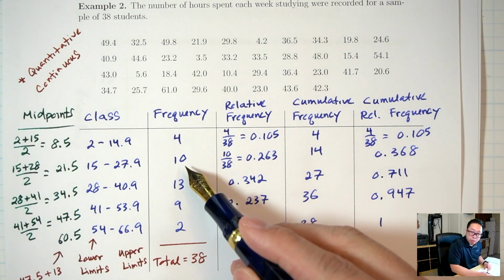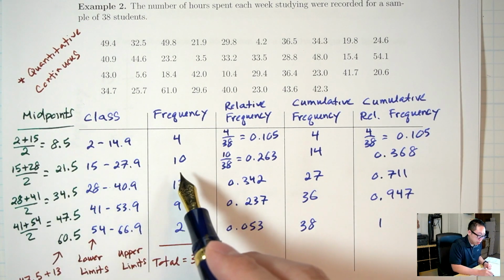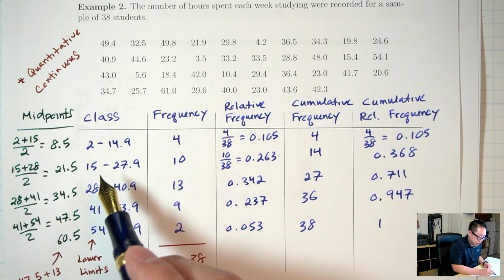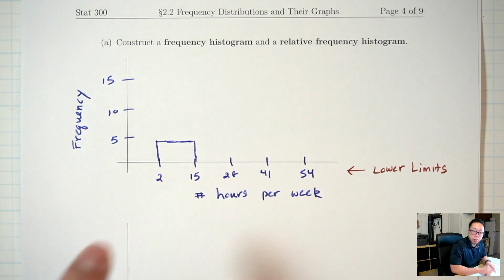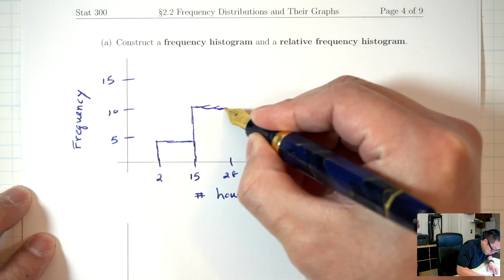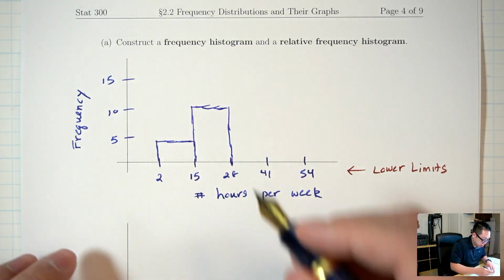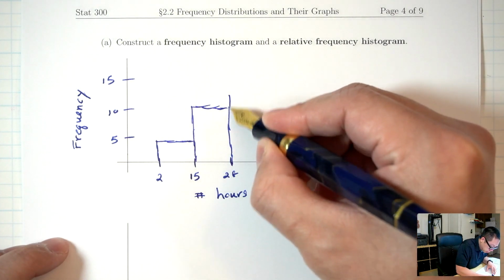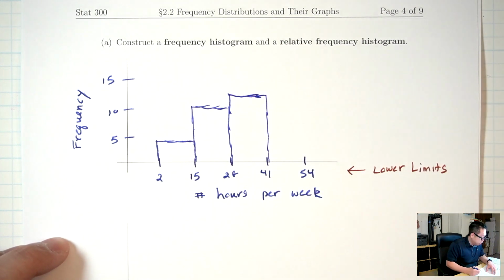The next frequency is 10, and that represents the range from 15 to 27.9. So I should draw a bar of height 10 above the range 15 to 28. So height 10. Okay, next one is going to be 13. Next one is 9.